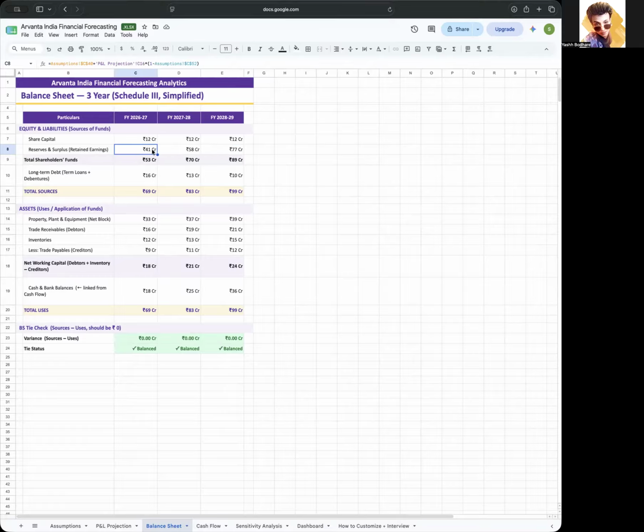The formula that we use is assumption C40 plus P&L projections C16 into 1 minus assumption C52. So this formula takes the opening reserves from the assumption sheet, then it adds the current year's profit after tax.